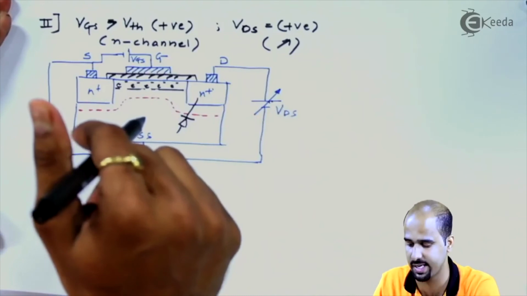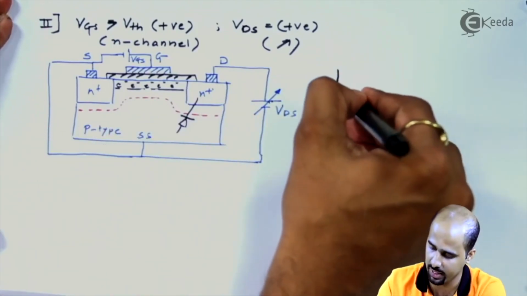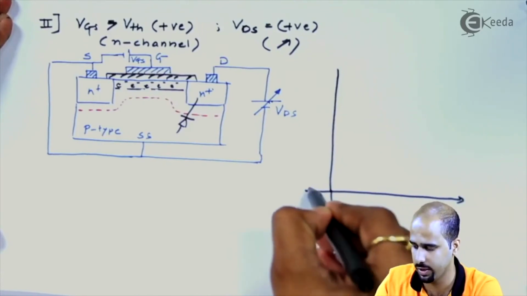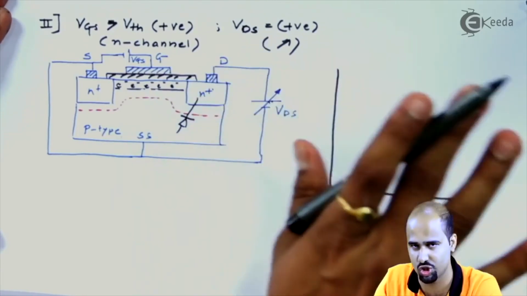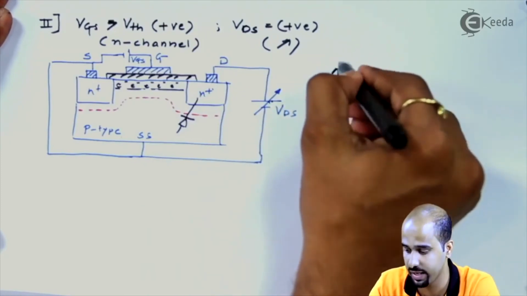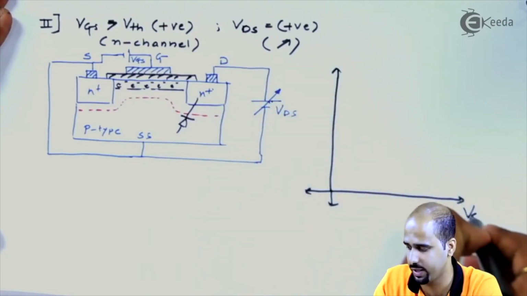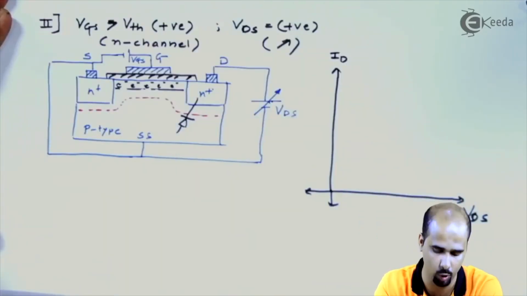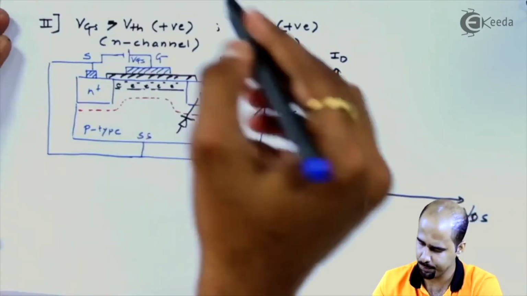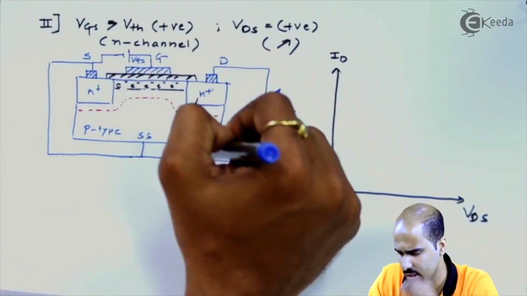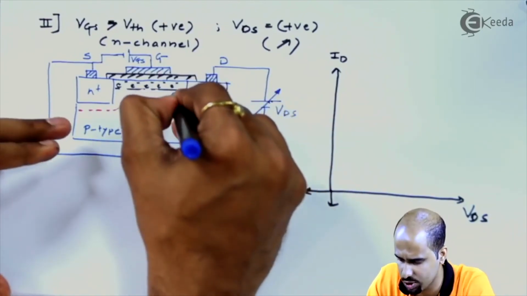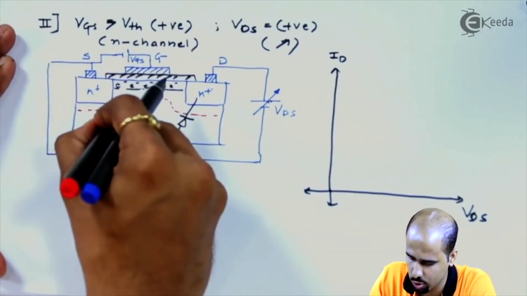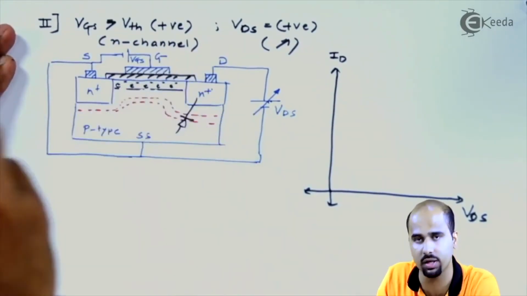Now let's move towards the actual operation along with the characteristics of the MOSFET, when your value of VGS is constant and positive, greater than VTH, and I'm varying the value of VDS and looking for the value of ID. As the value of VDS increases, this junction width will also increase.